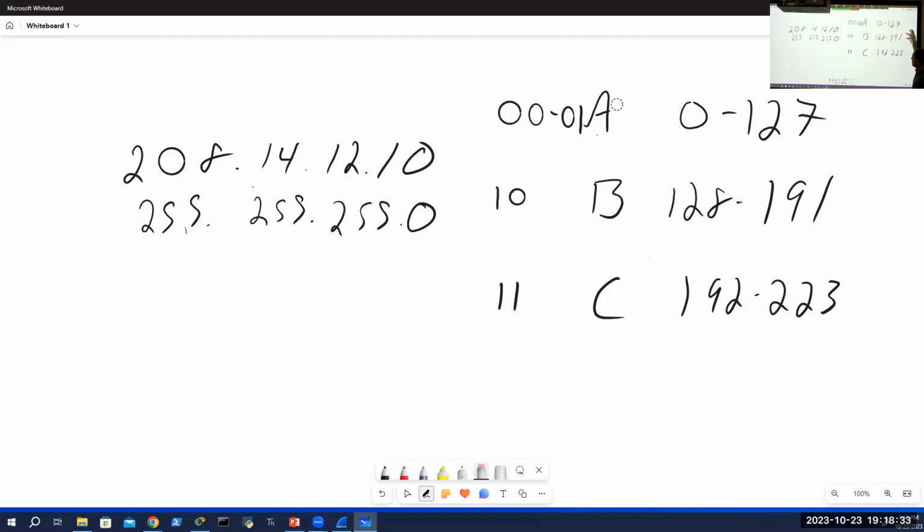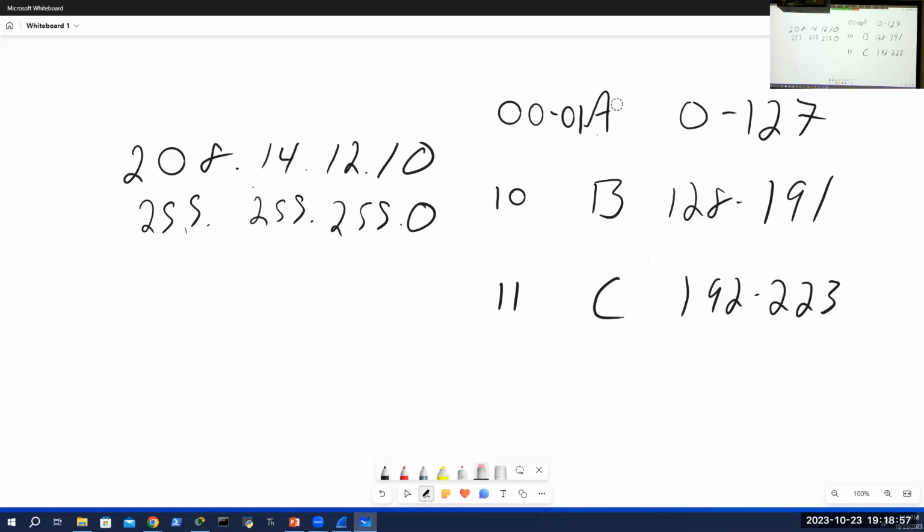Computers are much smarter than that. They just look at the bits that matter, because that's the fastest way to do it. So the computer is just going to look at the first bit. If it's a 0, then it's got to be class A. If it's not a 0, then it looks at the first 2 bits. And if it's 1, 0, it's got to be a B. If 1, 1, it's got to be a C. And if it's 1, 1, 1, then it's got to be a D.